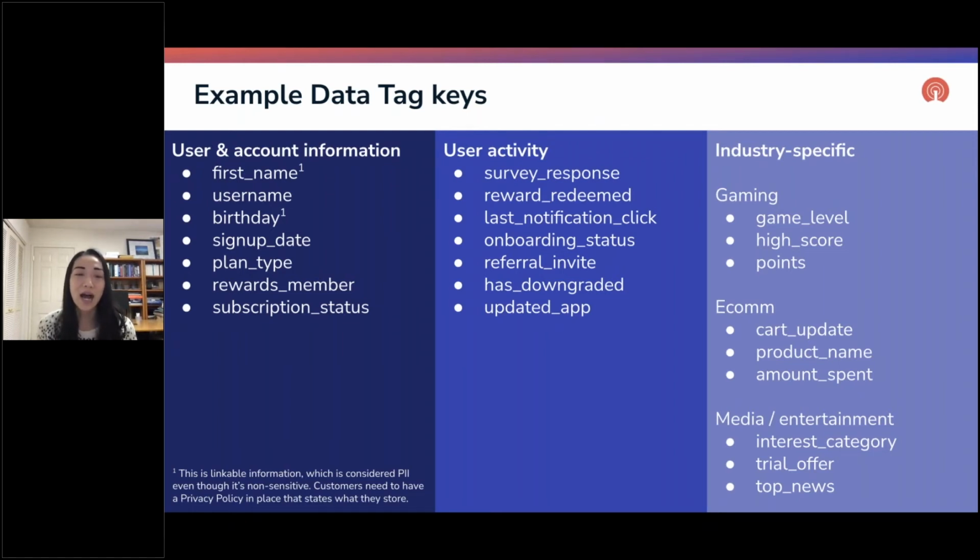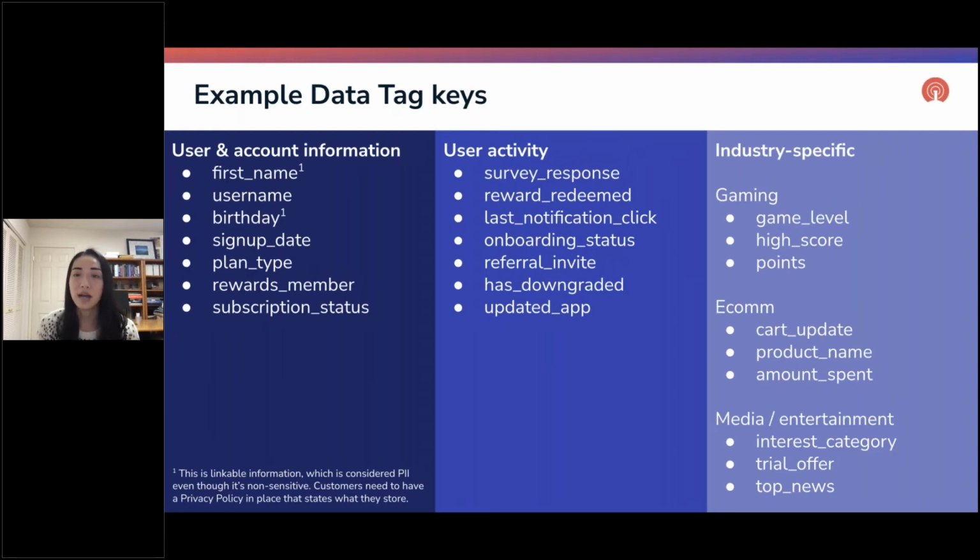Even though it's not technically considered PII, it is considered linkable information, which falls under the realm of PII, even though the information by itself is non-sensitive. So if you are storing this information, you do need to have a privacy policy in place that states what you store.